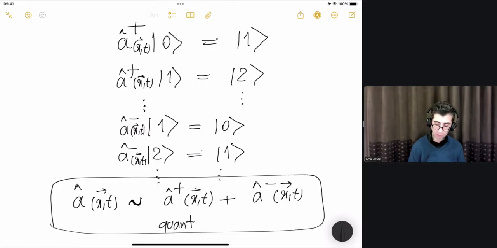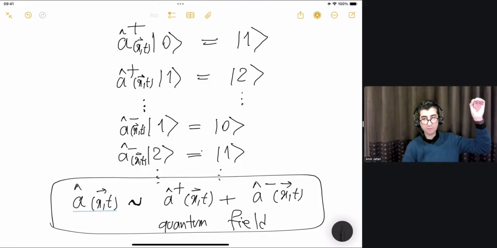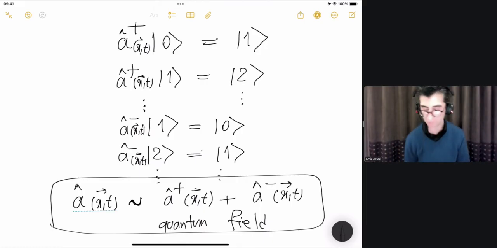So this quantum field is a field because it can give you a particle. It can create a particle at any point in space and time, or it can destroy a particle at any point in space and time. It's a quantum field because it acts on quantum states. So this is the gist of it. This is a quantum field.